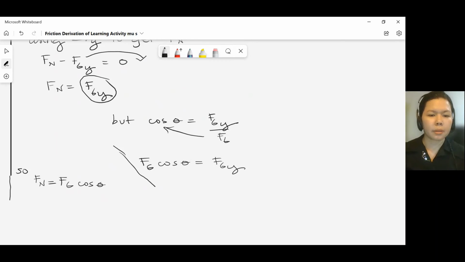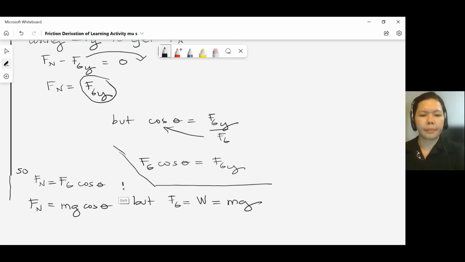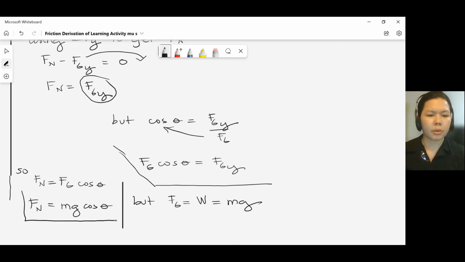But again, Fg is just weight, equals mg. So Fn is mg cosine theta. This is now our expression for Fn.